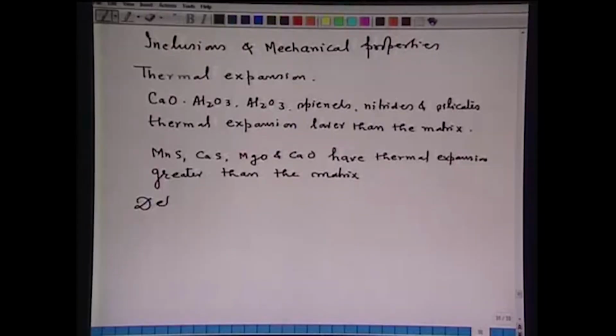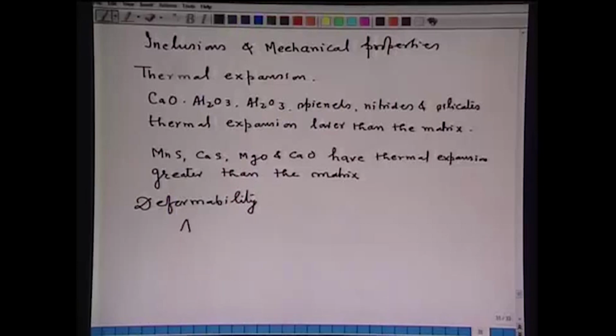Another difference is deformability. Some inclusions are highly deformable and some inclusions are less deformable. For example, inclusions like Al2O3 or calcium aluminate, say CaO·Al2O3, are undeformable at all temperatures used for deformation.